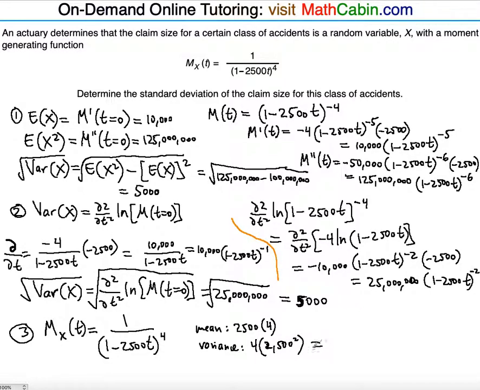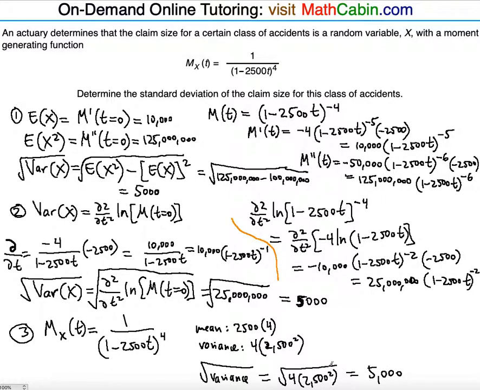And actually we want the square root of the variance, because we want the standard deviation. This result gives us exactly what we want, because we get 25 million for this, and this is equal to 5,000 when you square root that result.